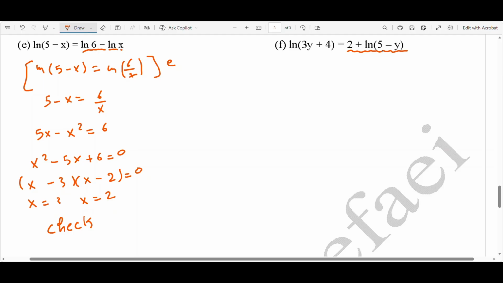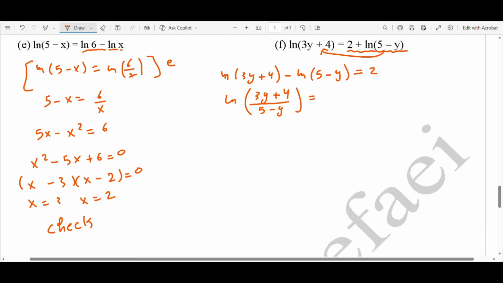According to that, ln(5 - y), I'm going to move it to the left side. ln(3y + 4) - ln(5 - y) = 2. ln((3y + 4)/(5 - y)) = 2.